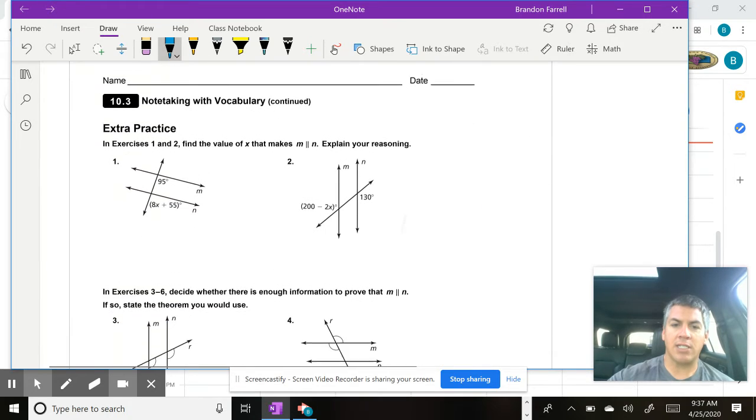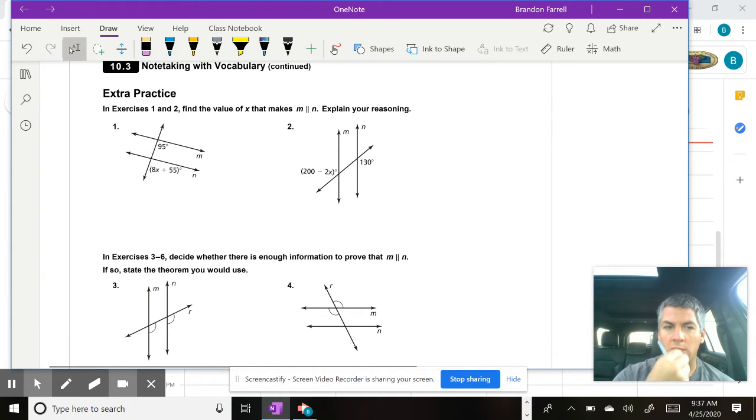The extra practice here is a set of 6 problems, which asks you to use your intuition. Here is an angle that they call 8x plus 55. Here is an angle that they call 95 degrees. We're going to try to make those equal because they're corresponding. And if they're corresponding and equal, then M is parallel to N. Well, we don't know that yet because x could be 1, for instance.